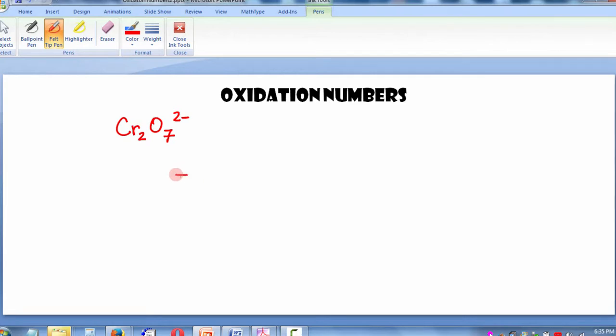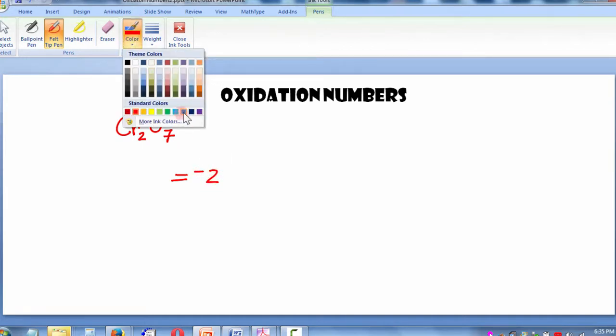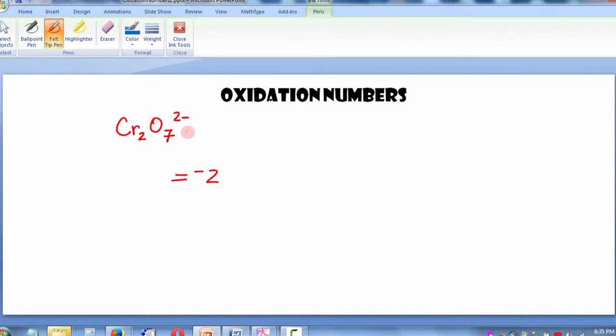Well, let's do this. Let's come down and make our equal. So this must equal a minus 2 because that is our charge, right?